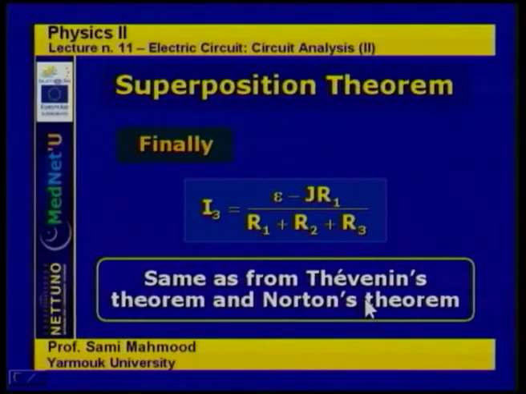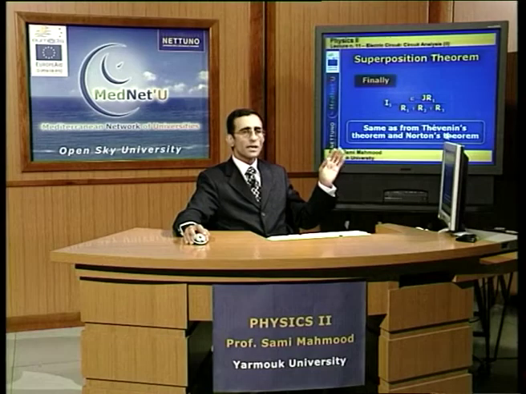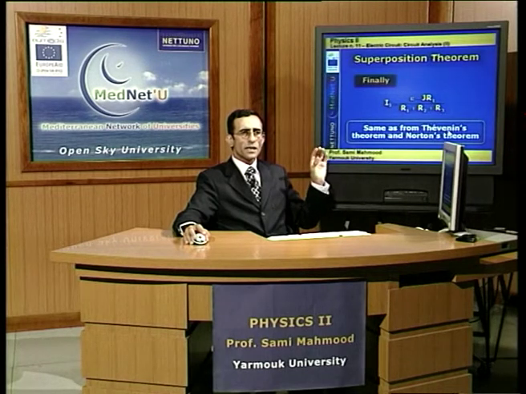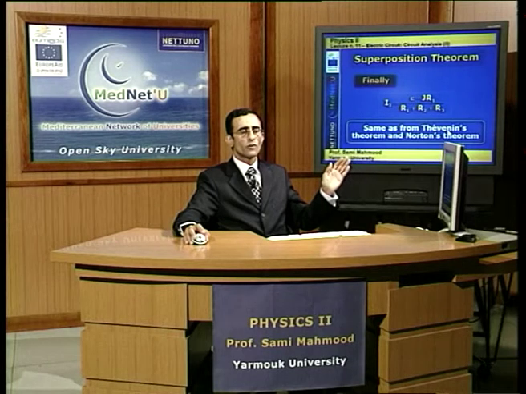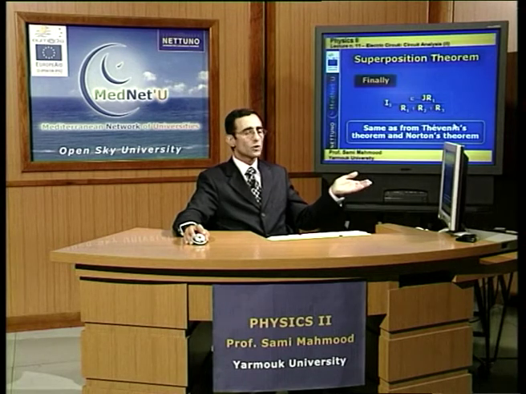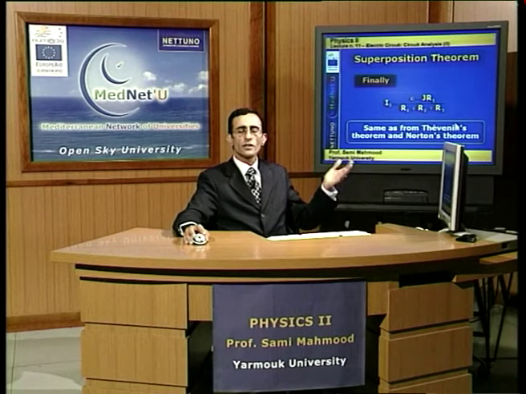And this equivalence should be expected, because we are analyzing the same circuit. So no matter what method we are using for analyzing the circuit, we should arrive at exactly the same answer. And this is what we have obtained by using the different techniques.